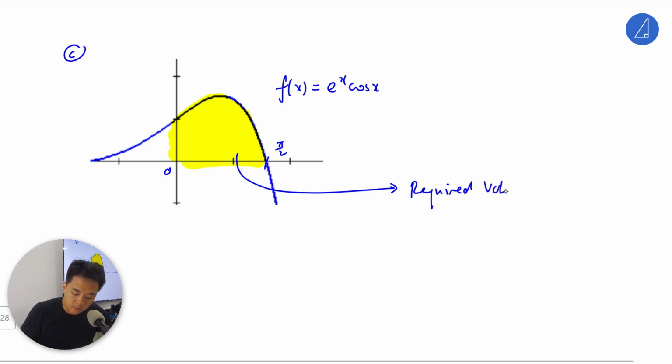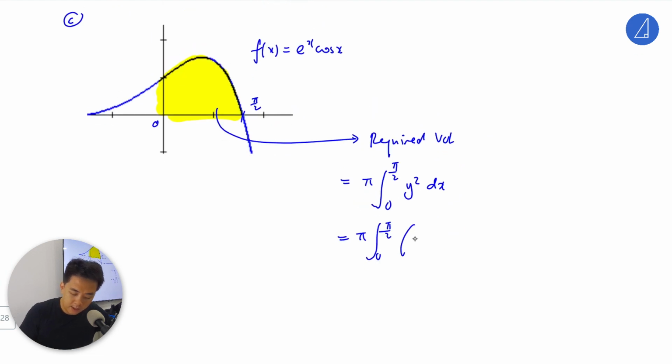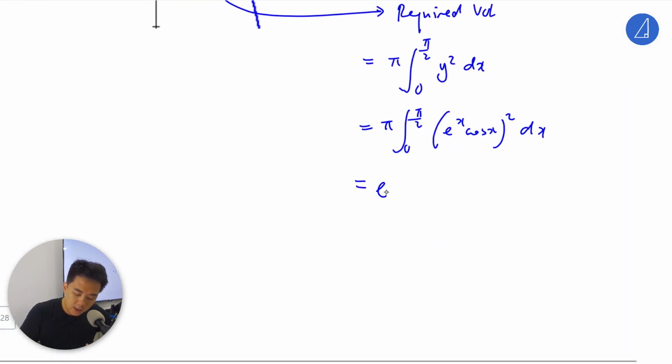Required volume is pi integral from 0 to pi over 2 of y squared dx. Okay, y squared dx will be pi, 0 to pi over 2, just square the entire thing, dx. Then this will be pi, integral from 0 to pi over 2 of e^2x cosine squared x dx.